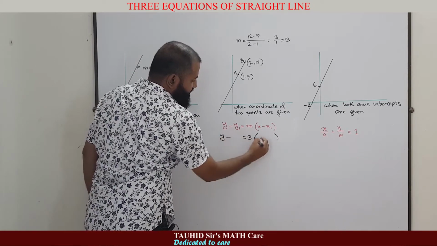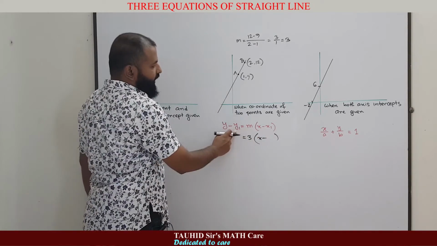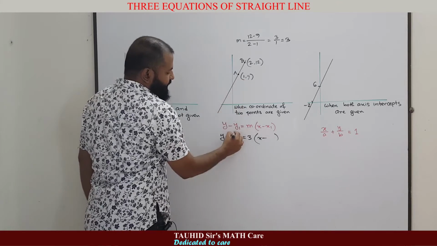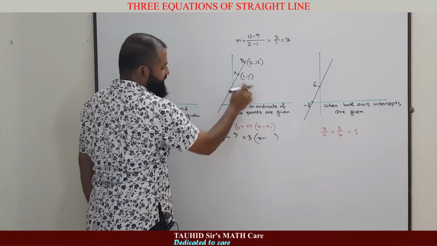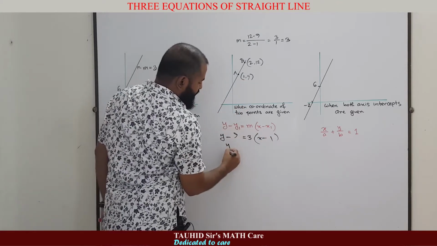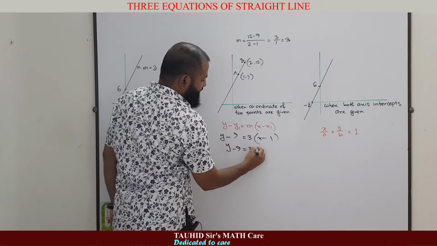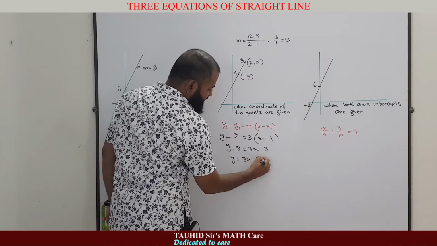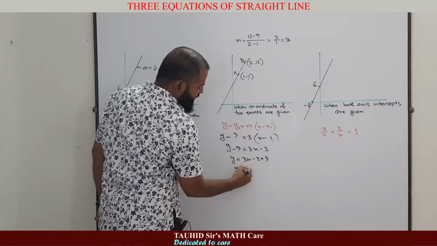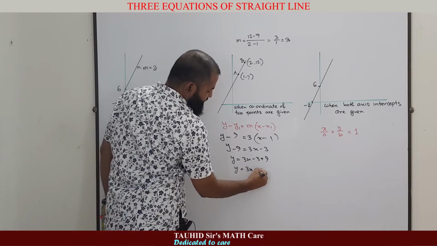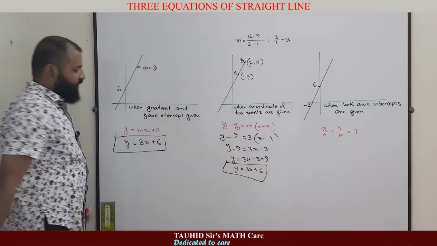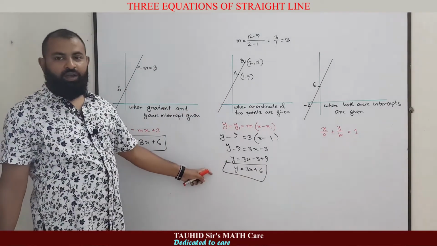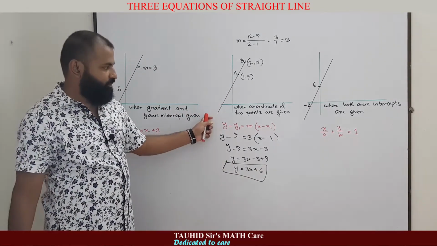Y will not change, x will not change. y1 is 9 and x1 is 1. So y minus 9 equal to 3x minus 3. Y equal to 3x minus 3 plus 9, that means y equal to 3x plus 6. Notice that we found the same equation here, although we used a different method.